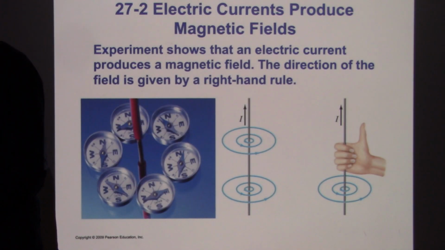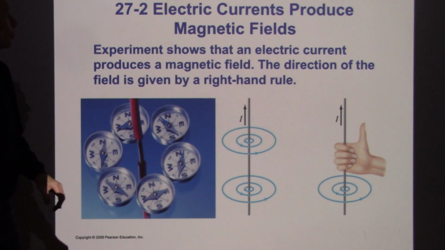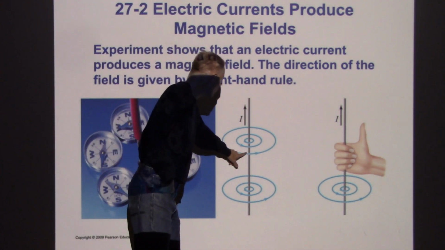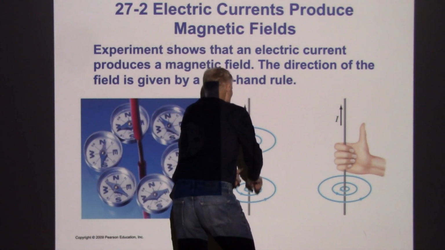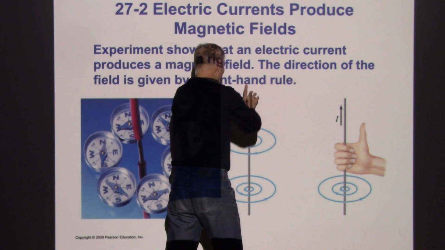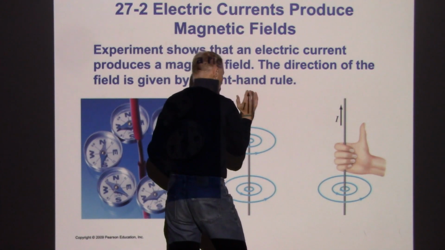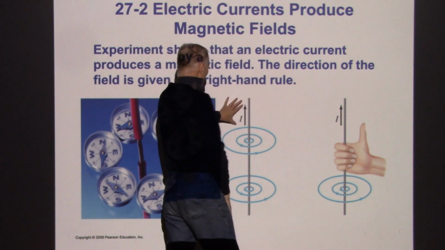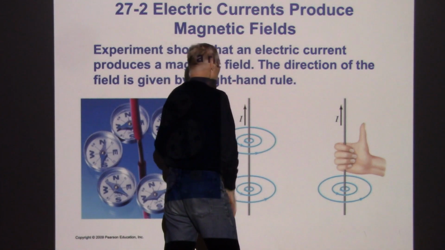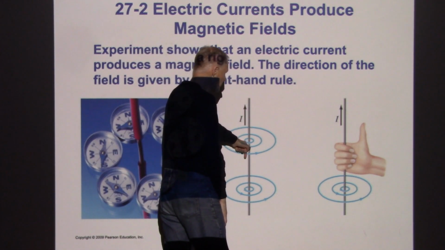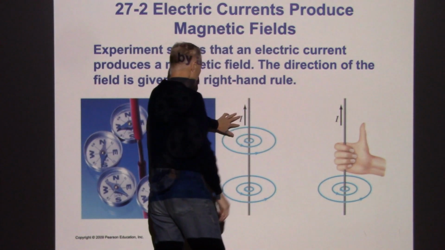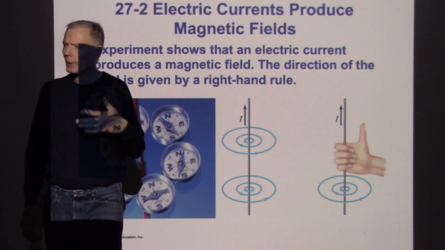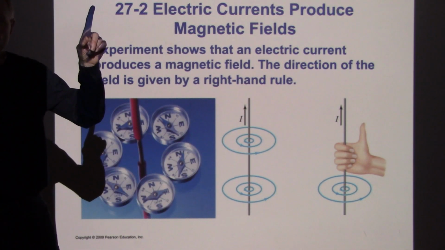Here are a bunch of compasses responding to the charges that are in motion. So when we have a bunch of charges in motion, what we're going to end up with are those right-handed loops in the direction of the charge that we've defined as the current. Now in reality, the electrons are going the opposite direction, but currents are defined as if it was positive charges moving in this direction.